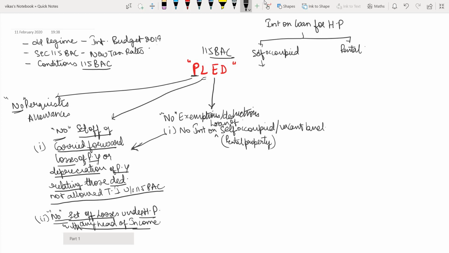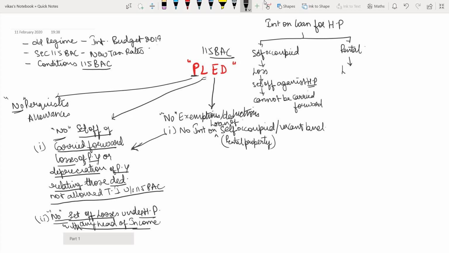If there is a loss over here, then this loss can be set off against house property income. However, this loss cannot be carried forward. It is available as set off only in the year in which the loss is incurred.